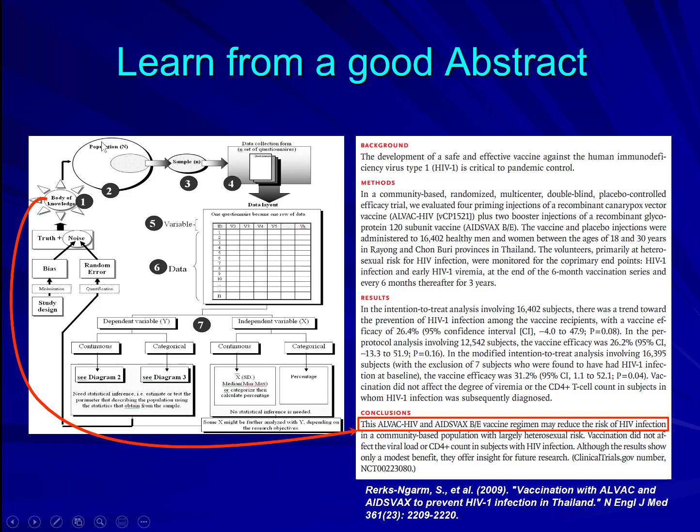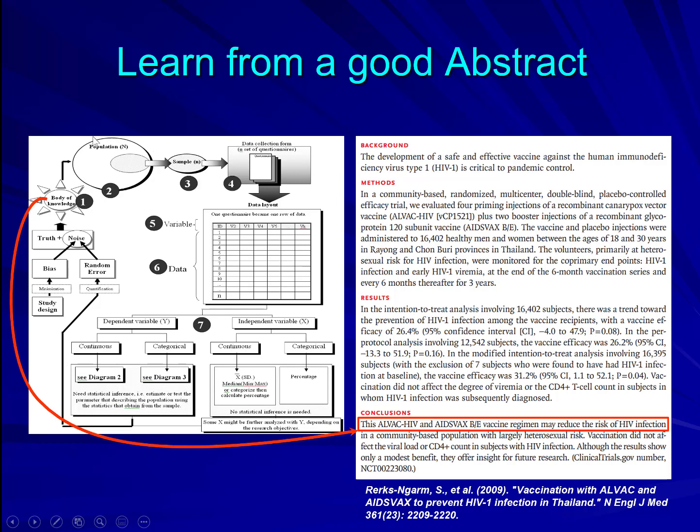So the population in this study is anybody who may have the risk of infection. But the study group here is studied in 6 provinces in Thailand, not all over the world.